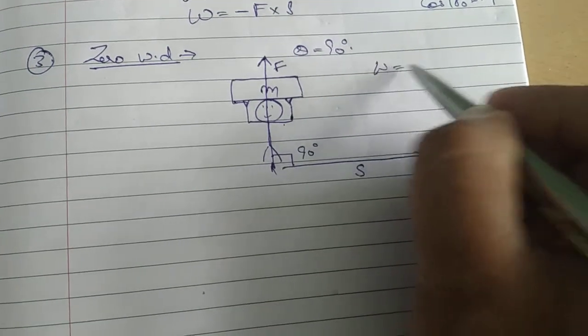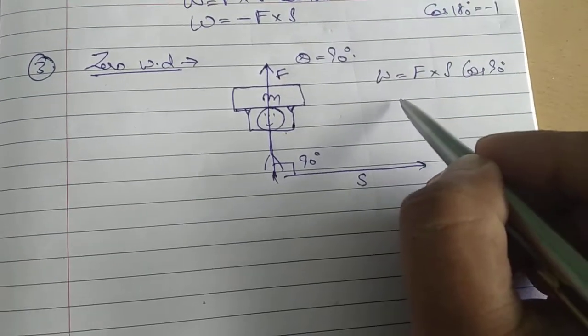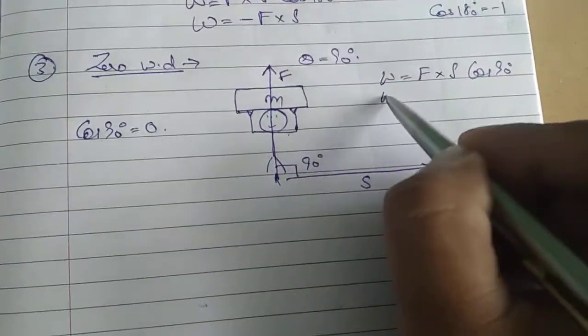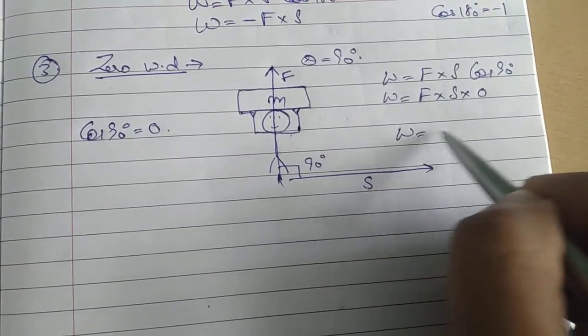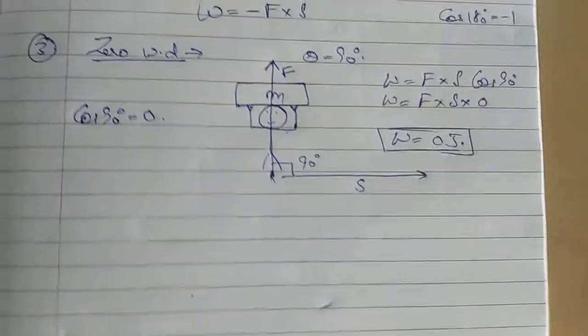Therefore W = F S cos 90 degrees. Cos 90 degrees is 0, so W = F S × 0, that is W = 0 joules. These are the three concepts of positive work done, negative work done and zero work done.